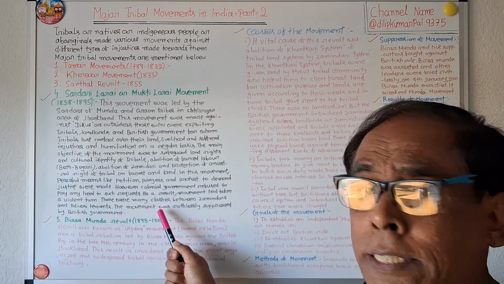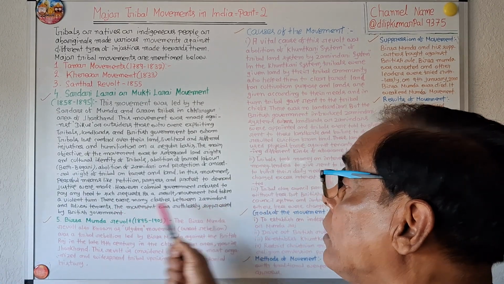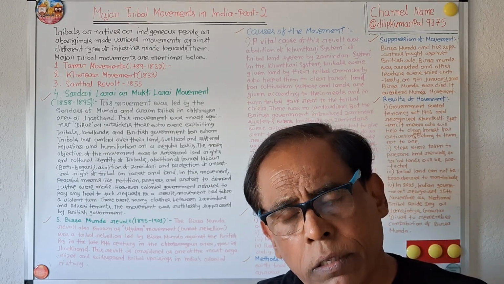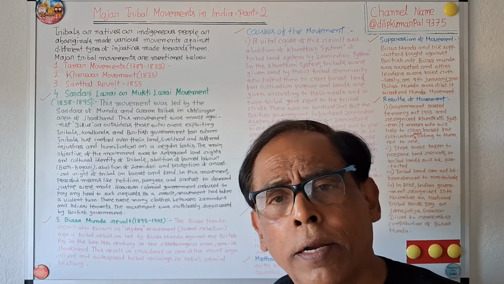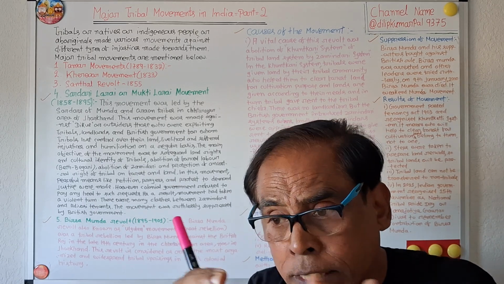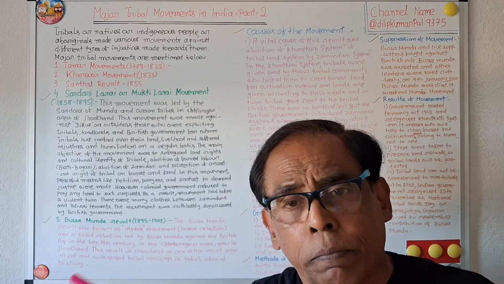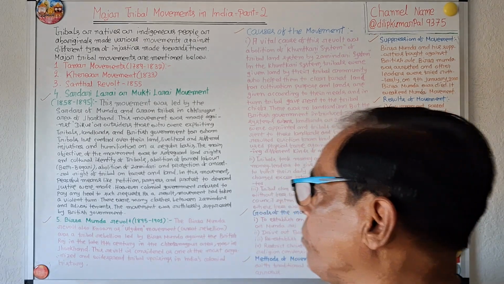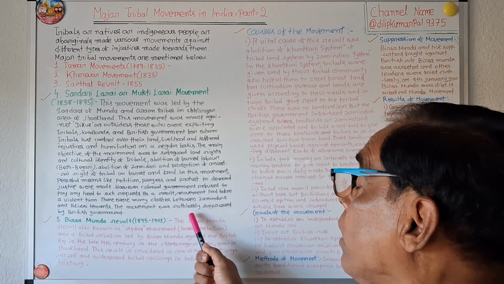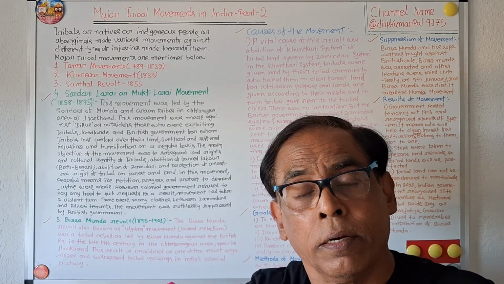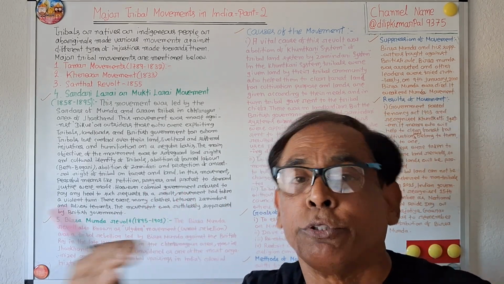There were many clashes between Jamidars and Adivasi tenants. The movement was ruthlessly suppressed by the British government by force.